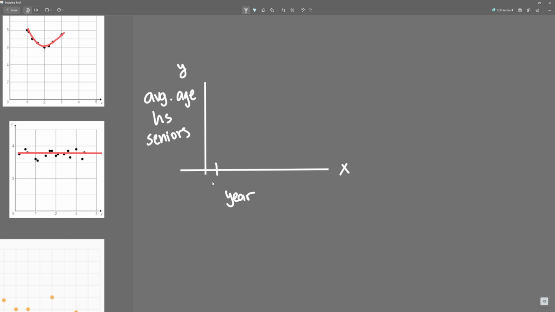So, even in 1950, all the way up to, let's just call it 2030, because it's not really going to change, that average age is still going to be about 17. And even though the data might go up some years, sometimes a little bit higher, sometimes a little bit lower, it doesn't really matter. The truth of the matter is that it doesn't matter what year it is.